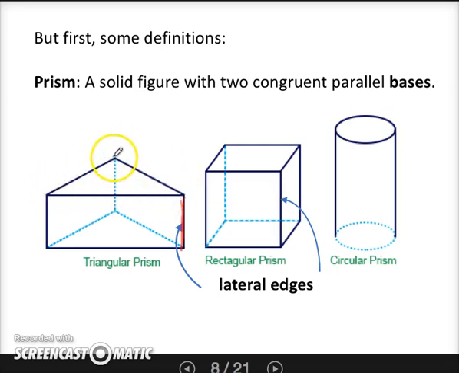So for example, on this triangular prism, the base edges would be the edges of this triangle and this triangle. The lateral edges would be, you can think of it as the line segments connecting the top base with the bottom base.